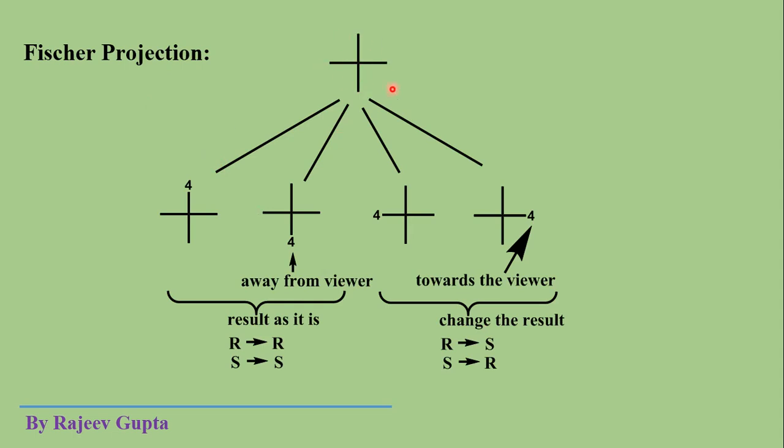This is a general Fischer projection where we have to observe the lowest priority group, which is the fourth priority group.